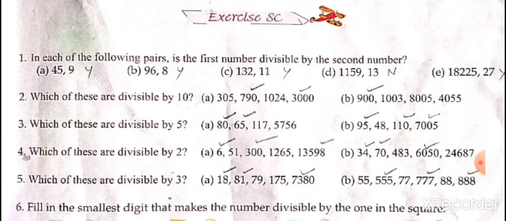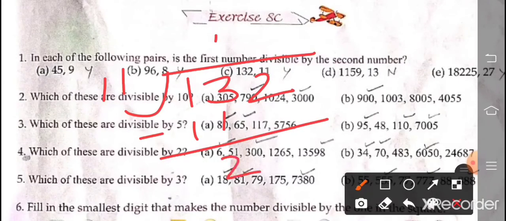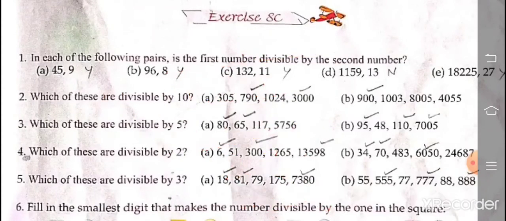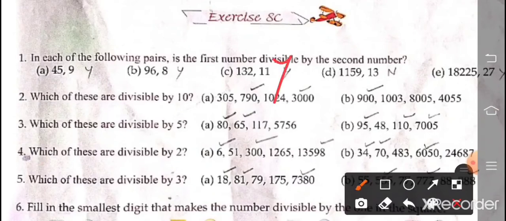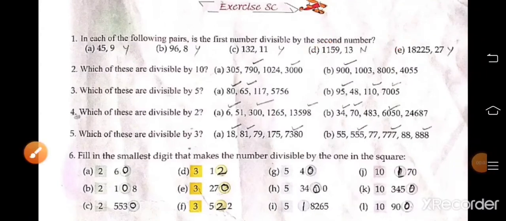Now the third one you can check, 132 and 11. 11 ones are 11, then put this 2, 11 twos are 22. So here also the remainder is 0. So this is also yes. Now the D and E parts are your homework.